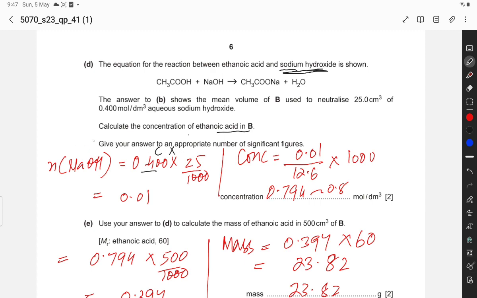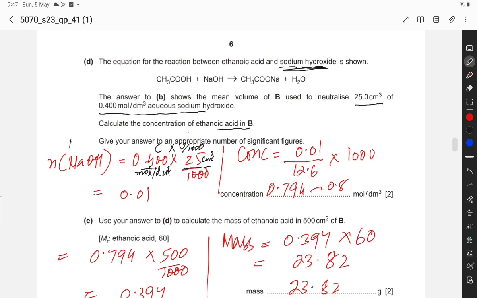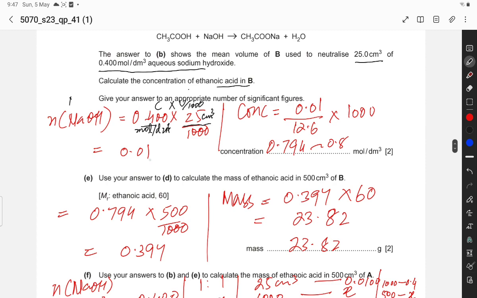This is the formula for calculating moles: concentration into volume over 1000. So 0.400 is the concentration of sodium hydroxide, and 25 cm³ of this sodium hydroxide is used, divided by 1000, because this is in cm³ and this is in mol per dm³, so that's why we have to divide by 1000. So the moles are 0.01 mole.